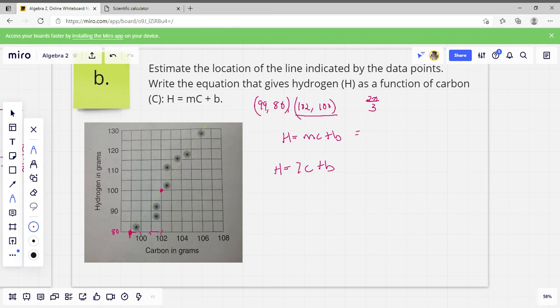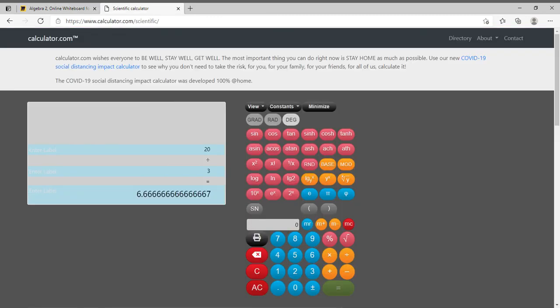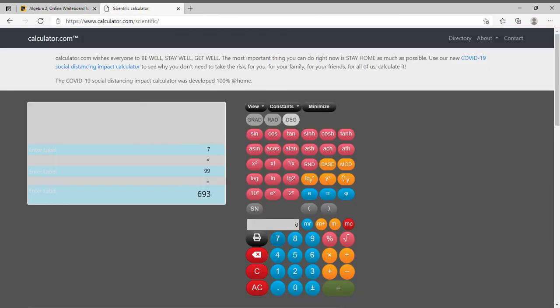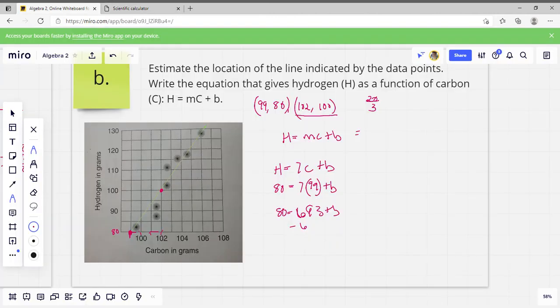My hydrogen value would be 80. 7 times my carbon value would be 99 plus B. Okay, so now I need 7 times 99. 693. Minus 80. 613.